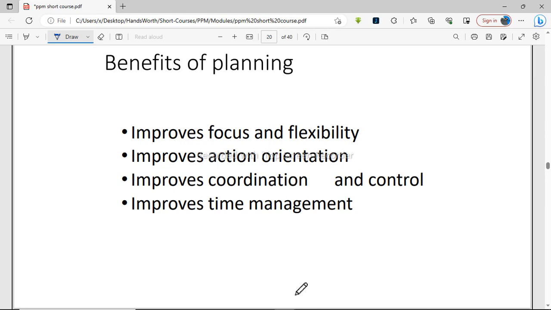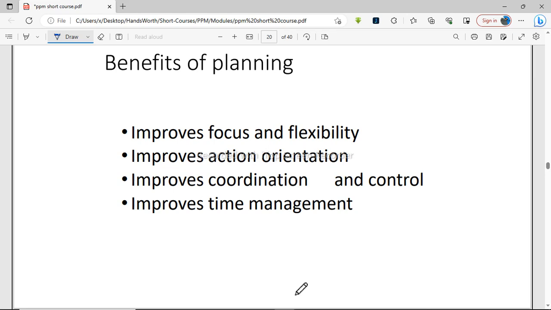And then the fourth benefit of planning under project management is that it helps improve coordination and control. We are just illustrating all of this. We have already discussed them under the role that planning plays in project management. Under coordination, we said whenever you have a plan in place and you are monitoring what's happening on the ground under implementation, you are able to compare and see if what is being implemented is according to what is in the plan.